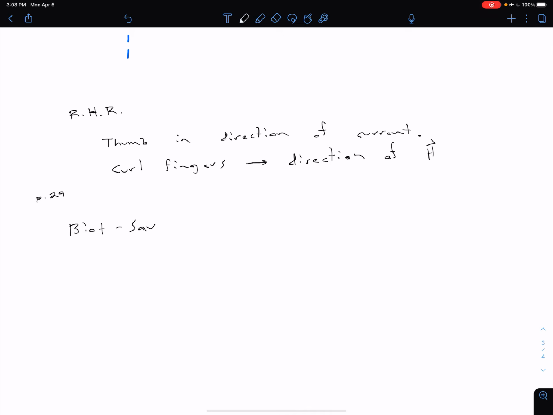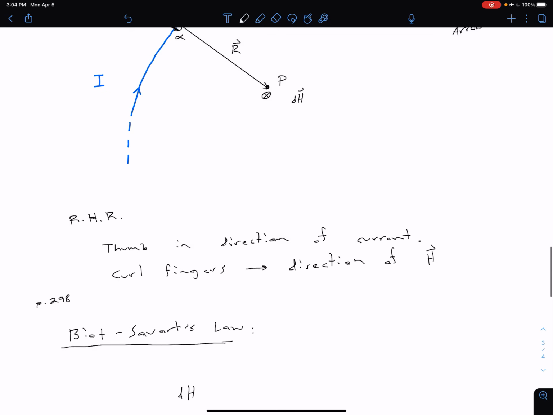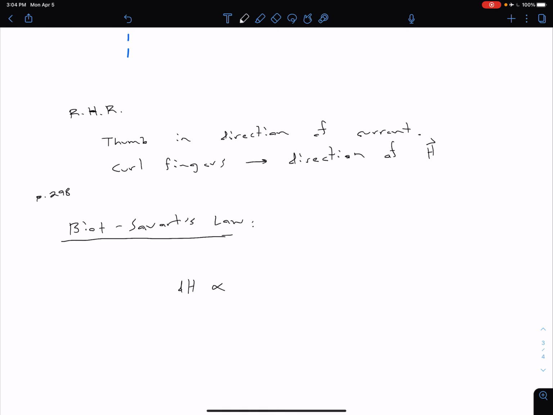The law says that the magnitude of the differential magnetic field intensity dH is proportional to the differential current, which is I times the differential length dl, in that little segment.